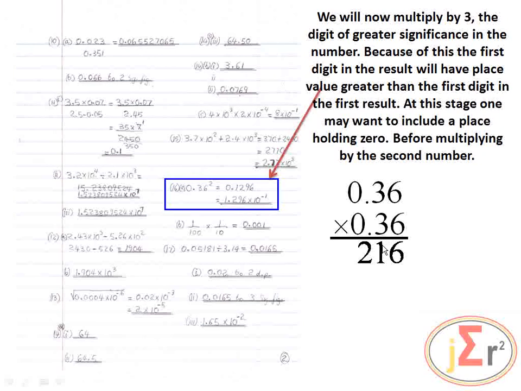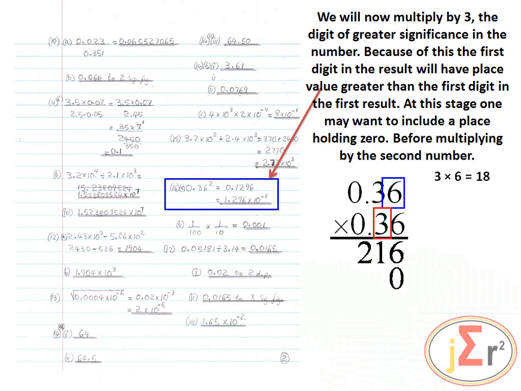Then we will also have the answer down here, beginning in the position one digit greater in significance than the answer that we have here. And as a matter of fact, we may throw in a place holding 0. Then we begin to multiply.